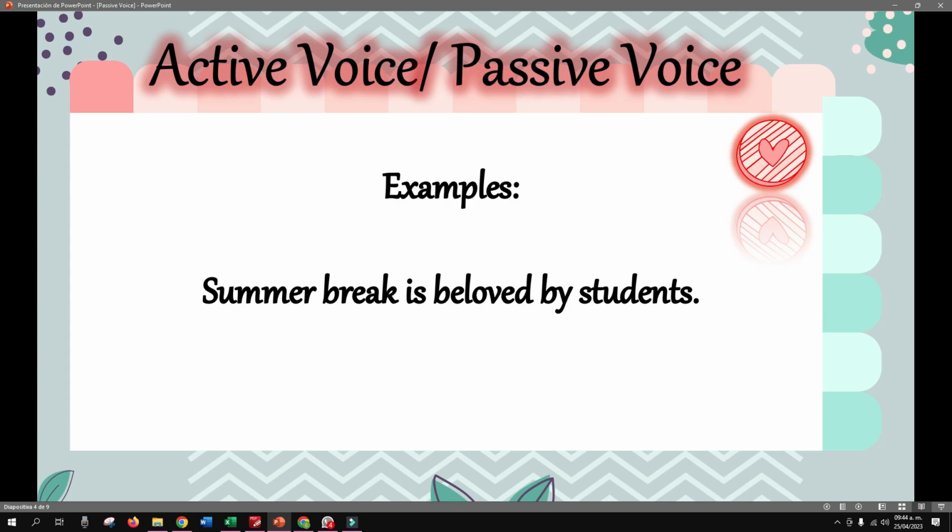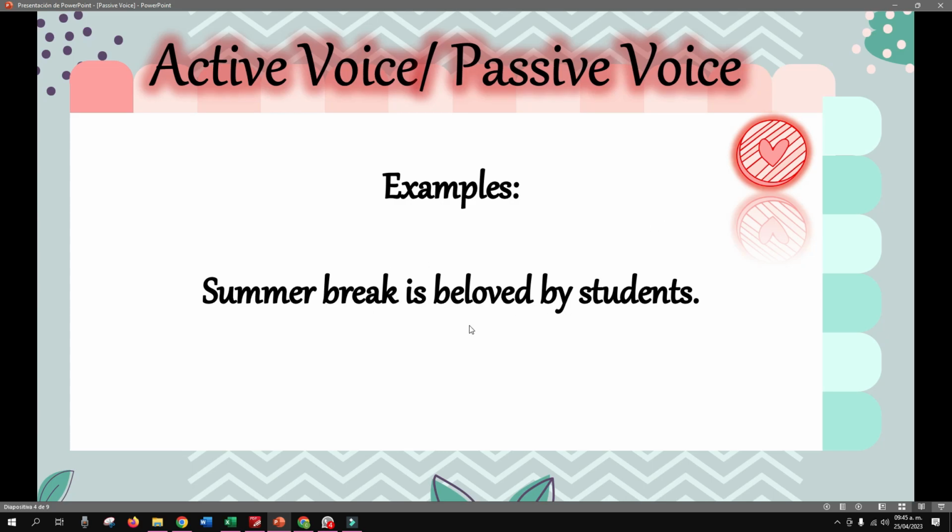For example, summer break is beloved by students. What do you have there, guys? You have summer break. That will be the subject of that sentence. You're talking about the summer, right? Is, that is the verb be, the conjugated form of the verb to be. This is in simple present, right?